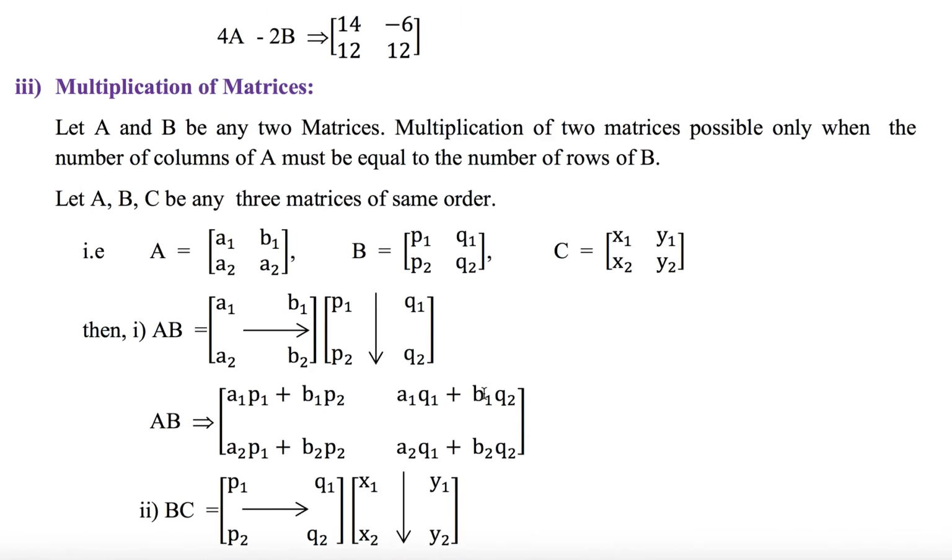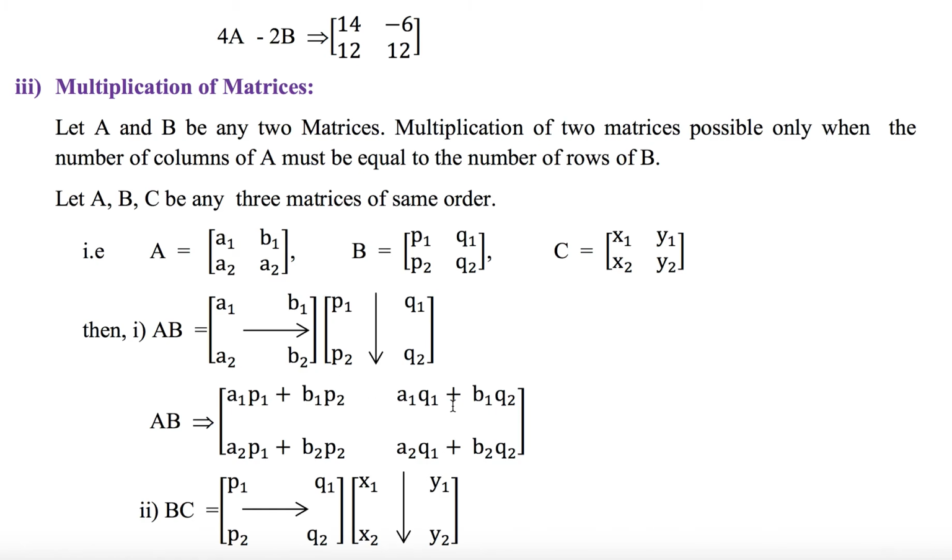Multiplication of matrices. This is a little bit involved. What is the secret? The row must be multiplied with the column. You want AB: the first row, first column element is A1 P1 plus B1 P2.